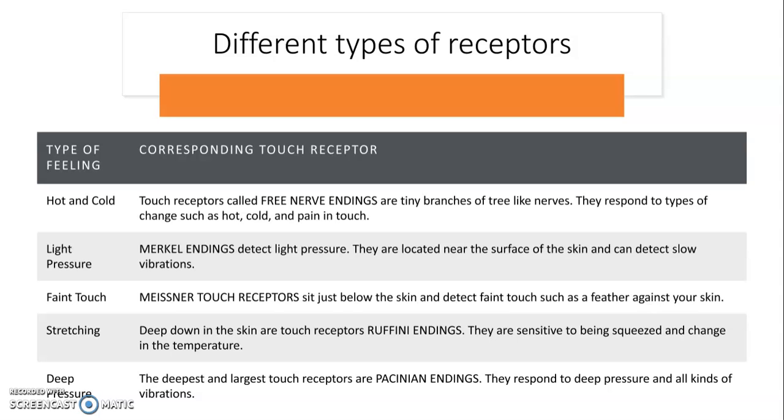If you were to feel stretching, you would find that deep down in the skin are touch receptors called Ruffini endings. They are sensitive to being squeezed and changes in temperature. And if you were to receive very deep pressure, the deepest and largest touch receptors are called the Pacinian endings. They respond to deep pressure and all kinds of vibrations.